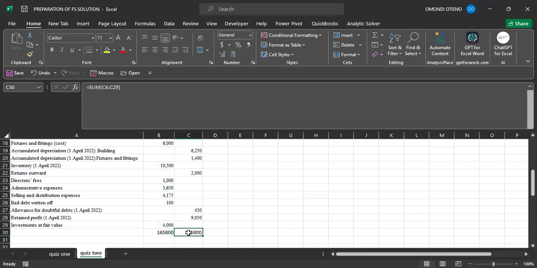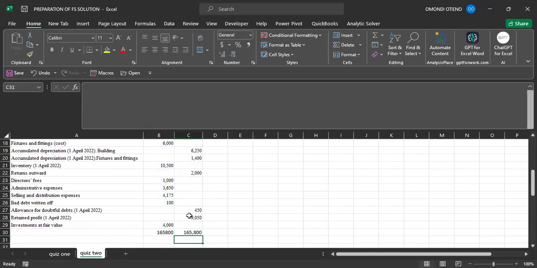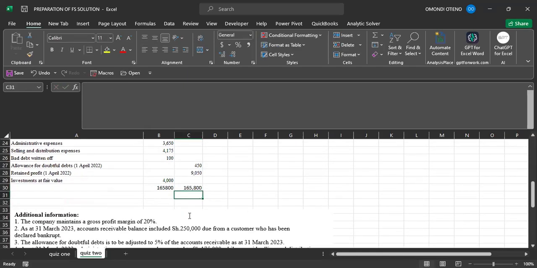And as you can see, our trial balance is actually balancing. So from this point, we are sure that for every transaction you're going to make down here, we must debit one account and credit another account. And therefore, at the end of the day, our accounts will be balancing.